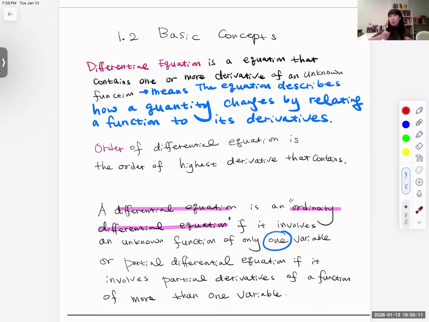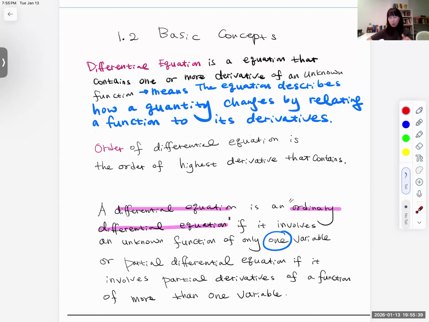This means the equation describes how a quantity changes, because we had dx over dt and dy over dx, right? So how a quantity changes, by relating a function to its derivative. Make sense?